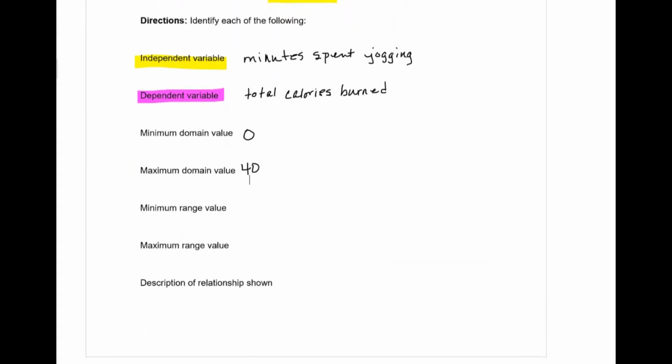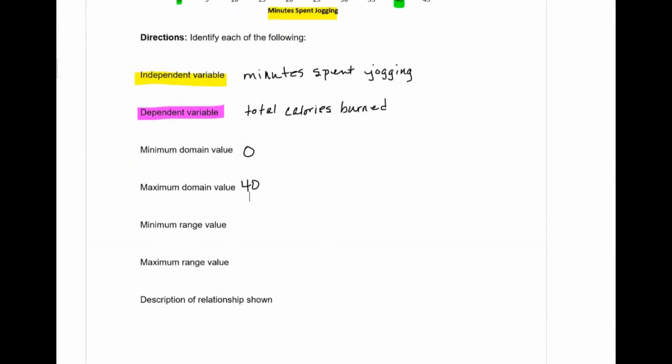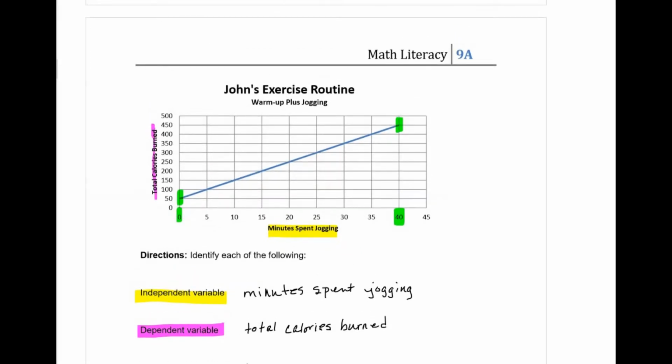Okay, my next two questions ask for the minimum and the maximum range values. So that's still these same 2 points that I have highlighted in green here and here. But now I want to be looking at their corresponding y values, which I can find by going over to the y-axis here at 450 and right here at 50.